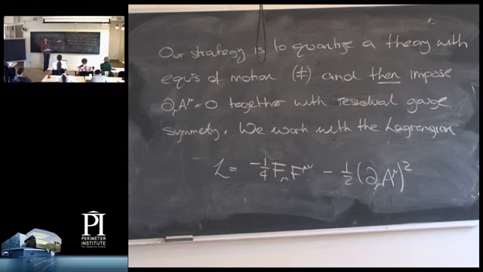So I think this is the answer to your question, Chris. If I get Maxwell theory and then impose this, I get these. But I'm going the other way. I'm starting from this, getting these, but then I still need this to agree with Maxwell theory, which you can sort of see because this term just disappears if I impose this. But I'm going to impose this afterwards, not before. Classically it's exactly the same. Quantum mechanically, we need to impose this afterwards.